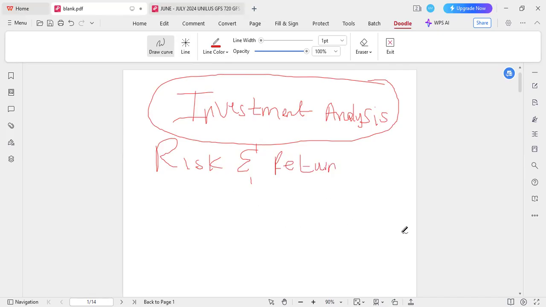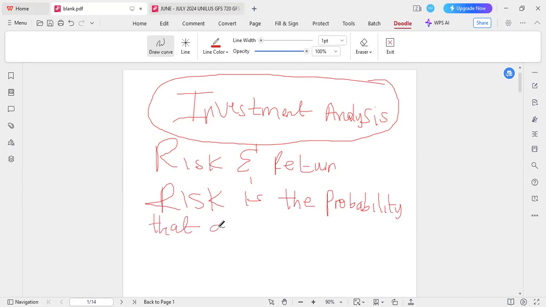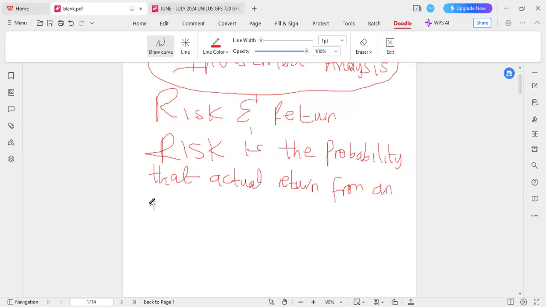Under this one, we're simply saying that risk is the probability that actual return from an investment differs from expected return.